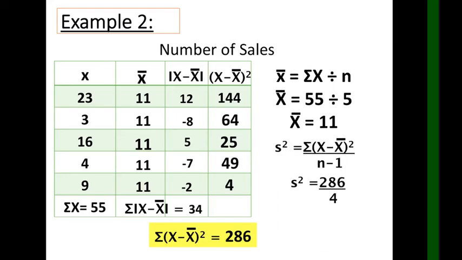Again, maybe you are thinking how it becomes 4 because we have n minus 1. Our n is 5, so we have 5 minus 1 is 4. The total is 286 based on our computation. So just divide the two and you will get 71.50. Round off your answer to the nearest hundredths. Therefore, the variance of the number of sales is 71.50.